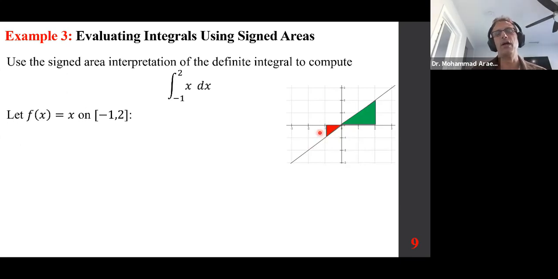That's what we need to find. And I hope you realize that the area for any triangle is A equals 1/2 base times the height. Let me put this point at 2, 2 in this triangular shape.